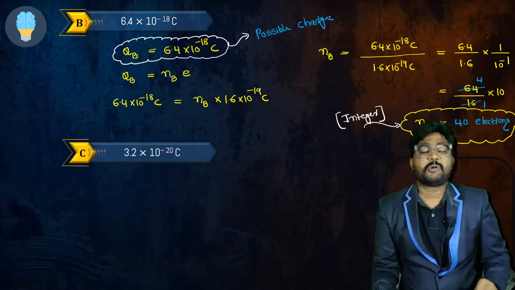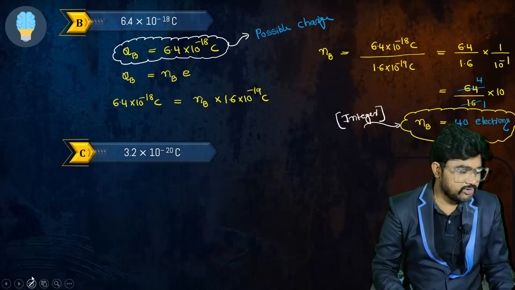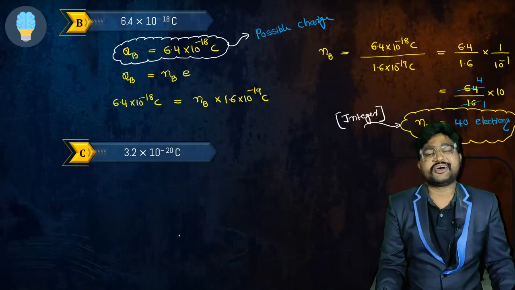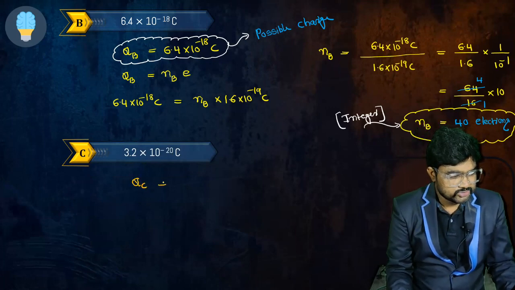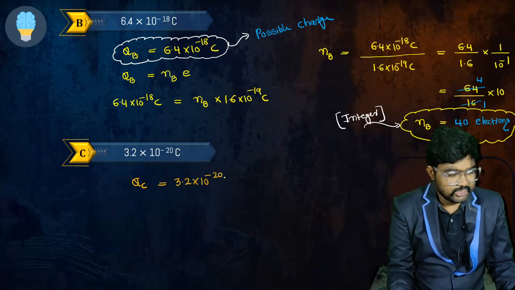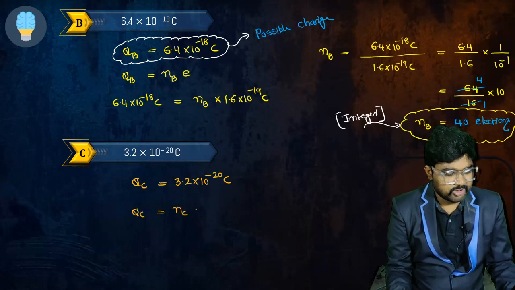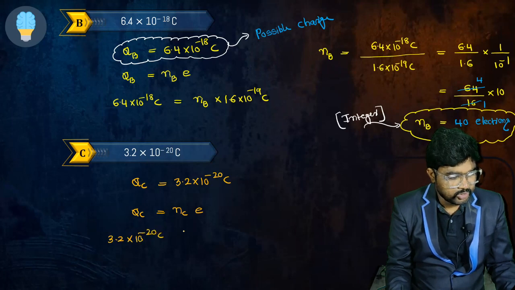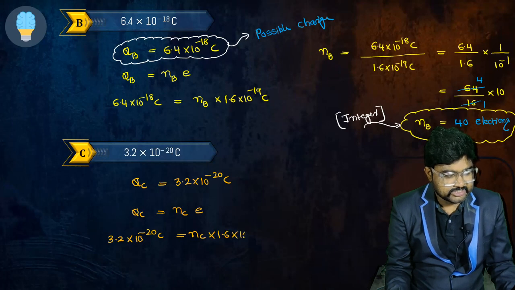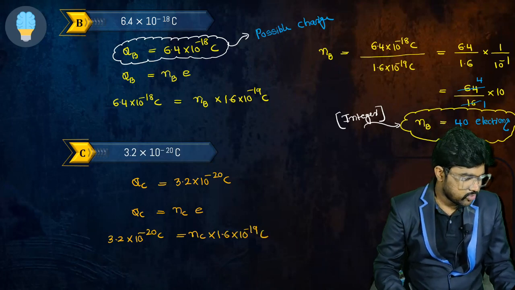Now we can check option C. The same procedure we will follow to check whether this charge is possible or not. Q_C is given: Q_C equals 3.2 into 10 to the power of minus 20 coulomb. We know that Q_C equals number of electrons into charge on the electron, 1.6 into 10 to the power of minus 19 coulomb.